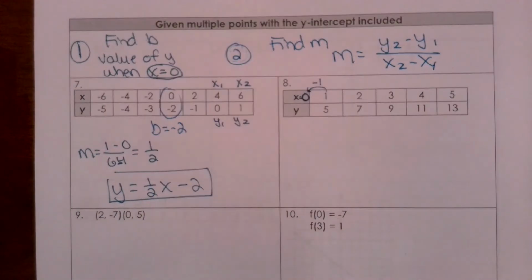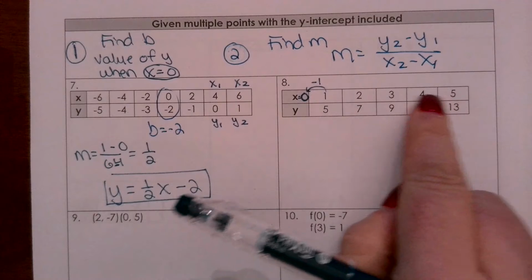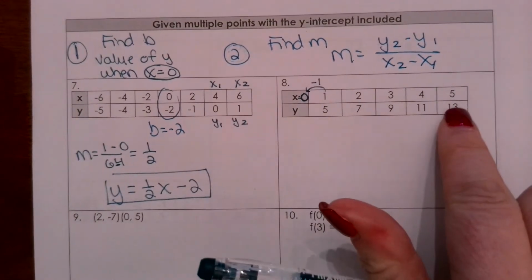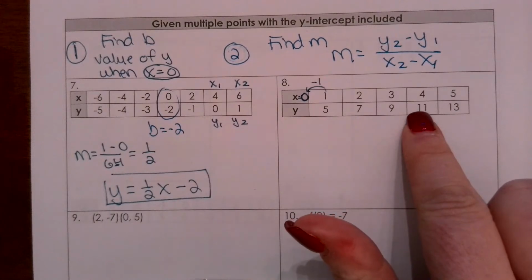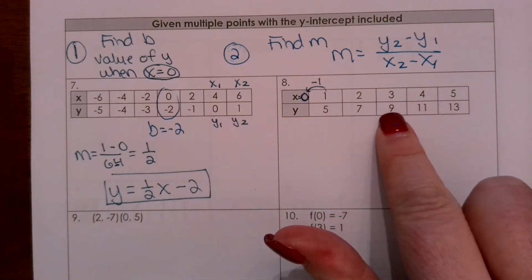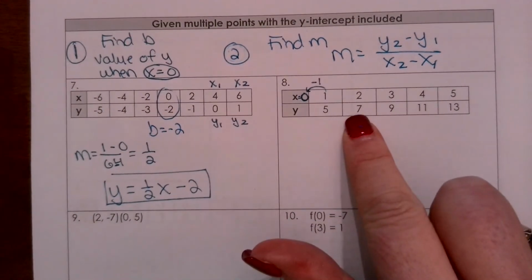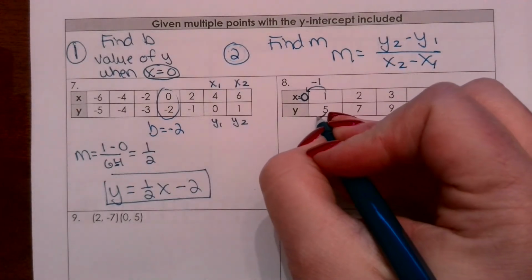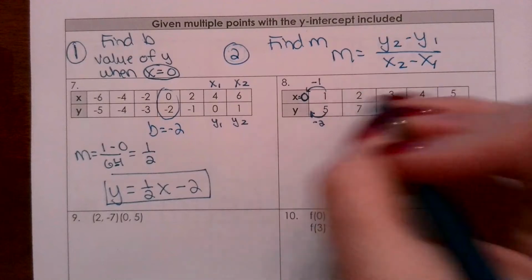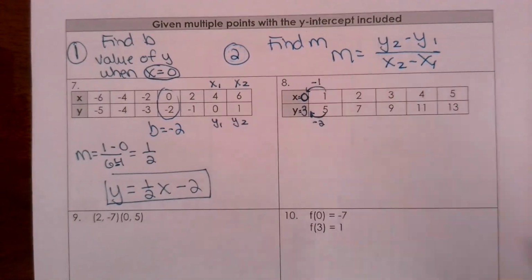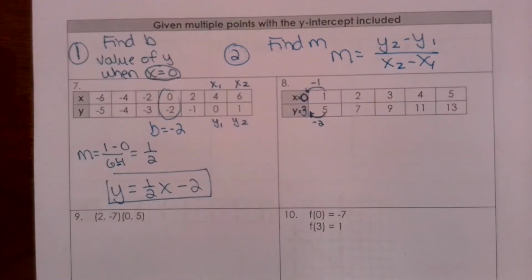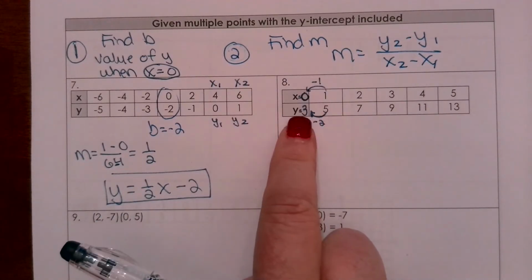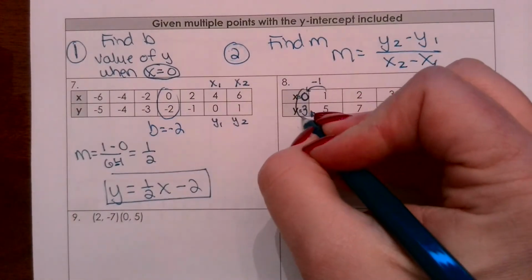And in a linear equation, if I have a pattern in x, I should have a consistent pattern in y. Well, 13 minus 2 equals 11, 11 minus 2 equals 9, 9 minus 2 equals 7, 7 minus 2 equals 5. So if I subtract 2, I should get this y value, and that is 3.